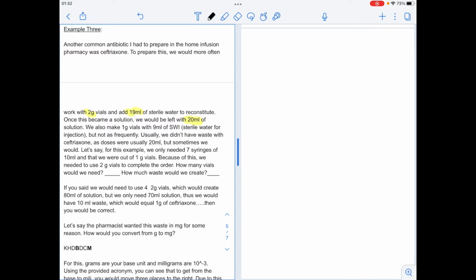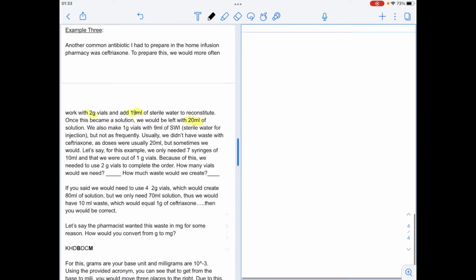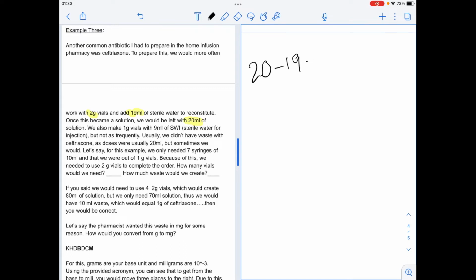So in order to figure that out, you take the 20 from your given, and then you subtract by how much you add. So we added 19 equals, so here, if we were trying to find out our powder volume, that would be our powder volume.